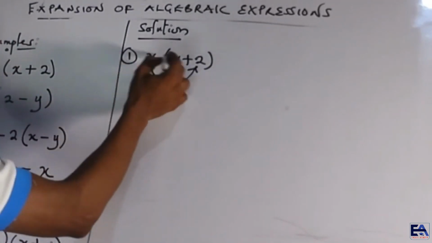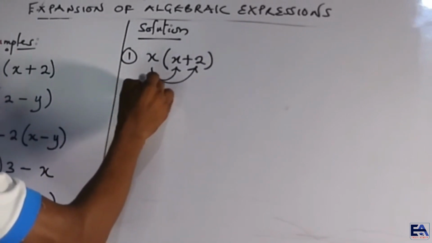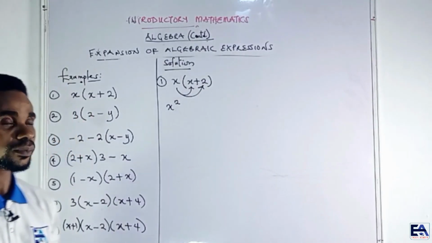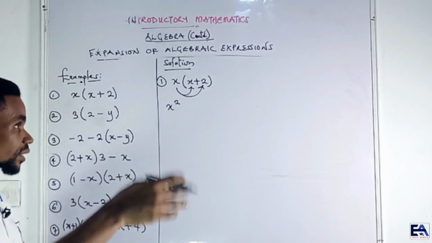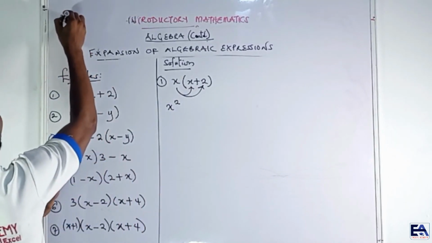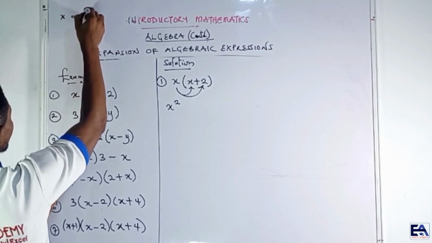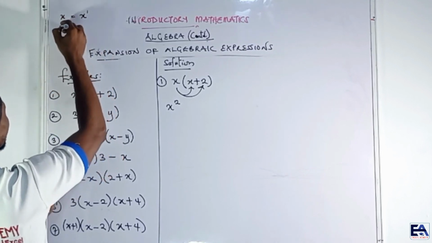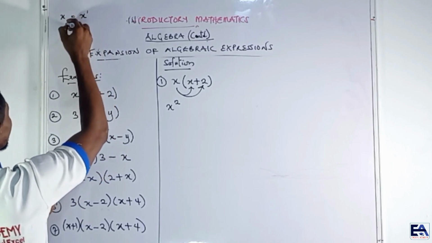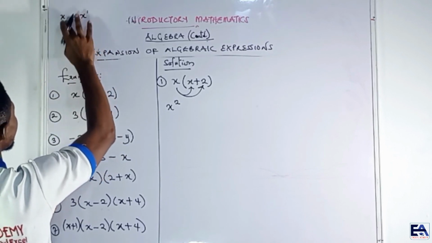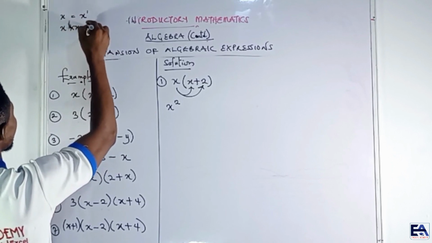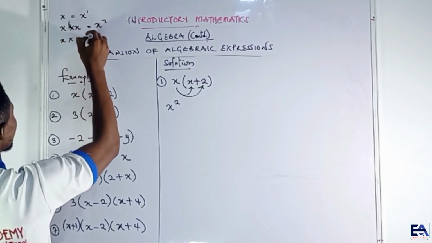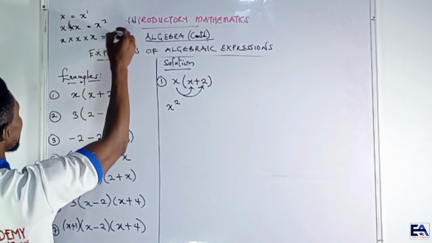So x multiplying x will give you what? x squared, okay? x times x is x squared. If you say x times x times x, x is the same thing as x raised to power 1, and x times x is x raised to power 2, and x times x times x is x raised to power 3, and so on and so forth.